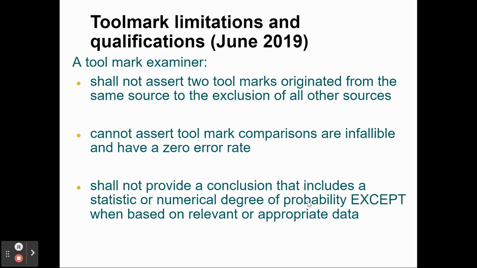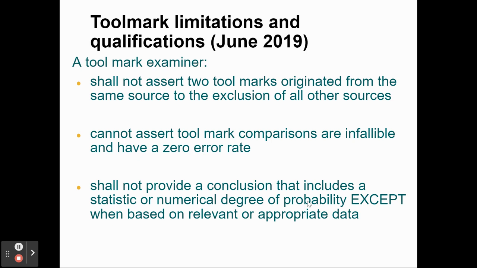The last one here: shall not provide a conclusion that includes a statistic or numerical degree of probability, right? So you can't say with 99.9% certainty this tool produced this tool mark unless you have some other means of being able to produce the numeric values, right?